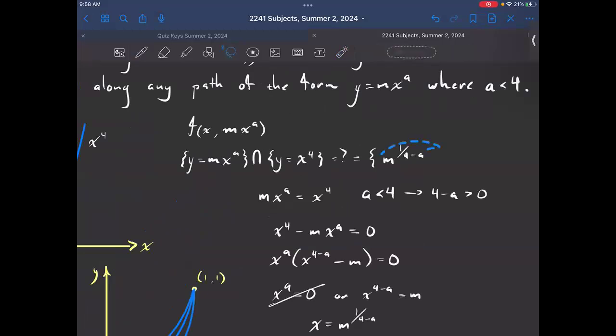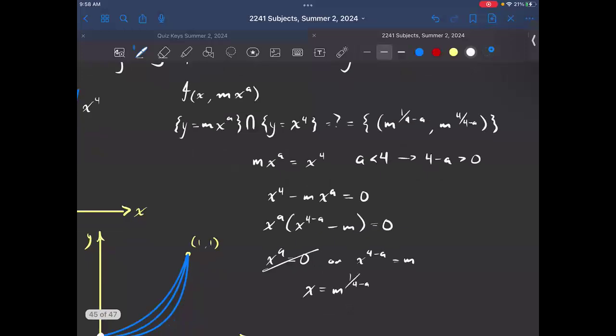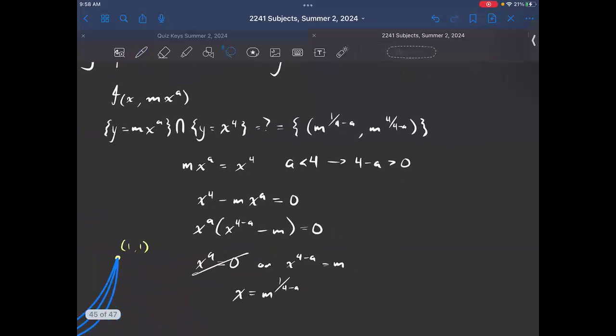Actually, that is the x-coordinate, and the y-coordinate is that to the 4th power, so m to the 4 over 4 minus a. So there's our intersection. Technically, you also have the 0, 0 in there as well. But this is the point that we care about.